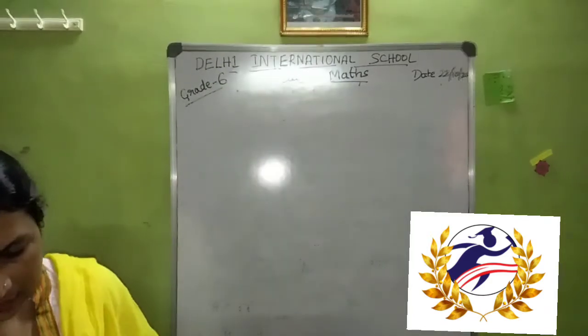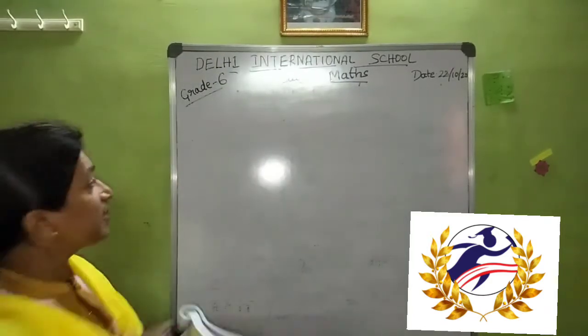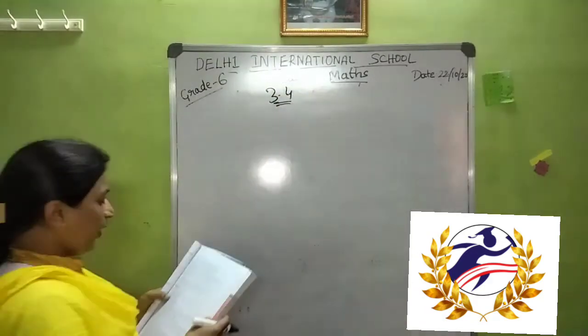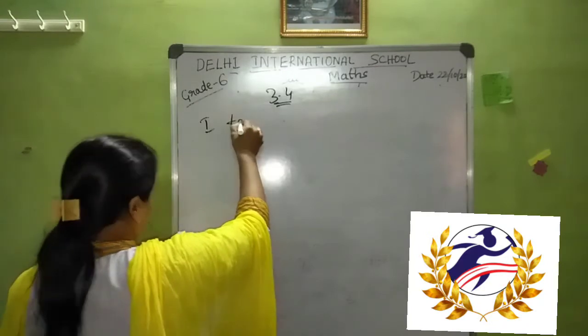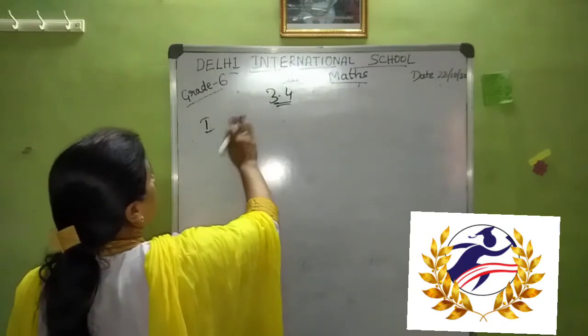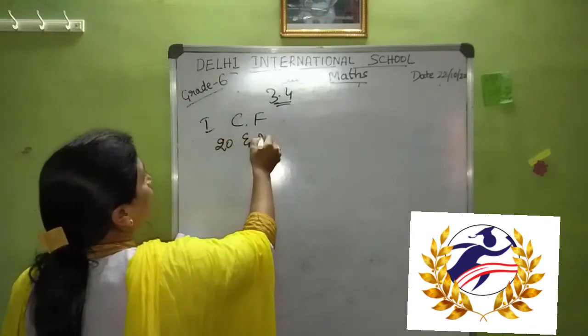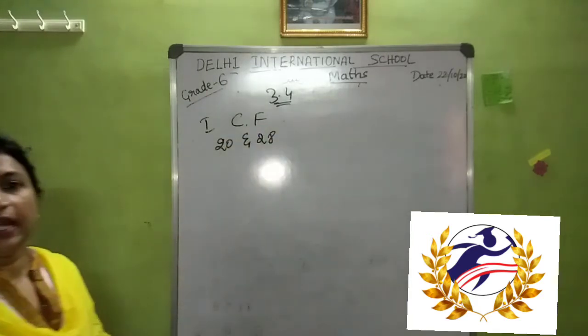So let us take the first problem, exercise 3.4. Find the common factors of 20 and 28.